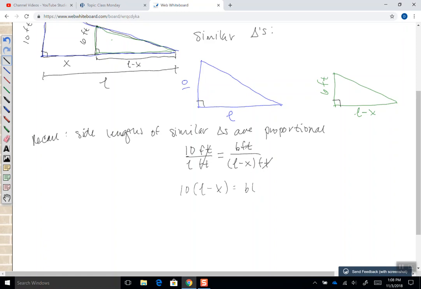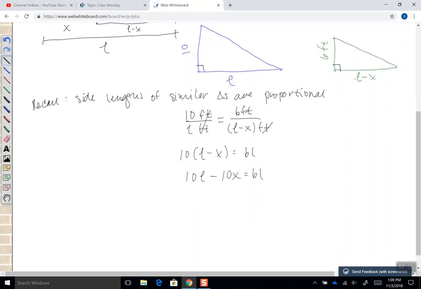When I do so, I get 10L minus 10X equals 6L. Now just to simplify this a little bit, I will combine like terms. I'm going to subtract the 6L from the left, and add the 10X to the right. So I would get 4L equaling 10X.